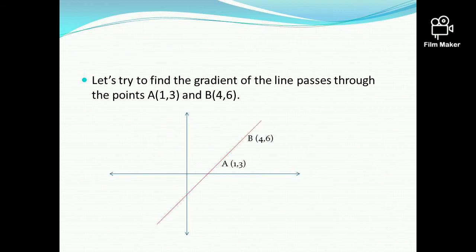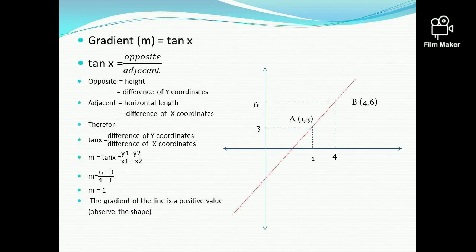Let's try to find the gradient of the straight line which passes through the 2 points A (1, 3) and B (4, 6). From the previous slide, we came to know the definition of the gradient: the gradient is the tan value of the angle made with the positive x-axis. We know from our IGCSE contents that tan x equals opposite over adjacent.